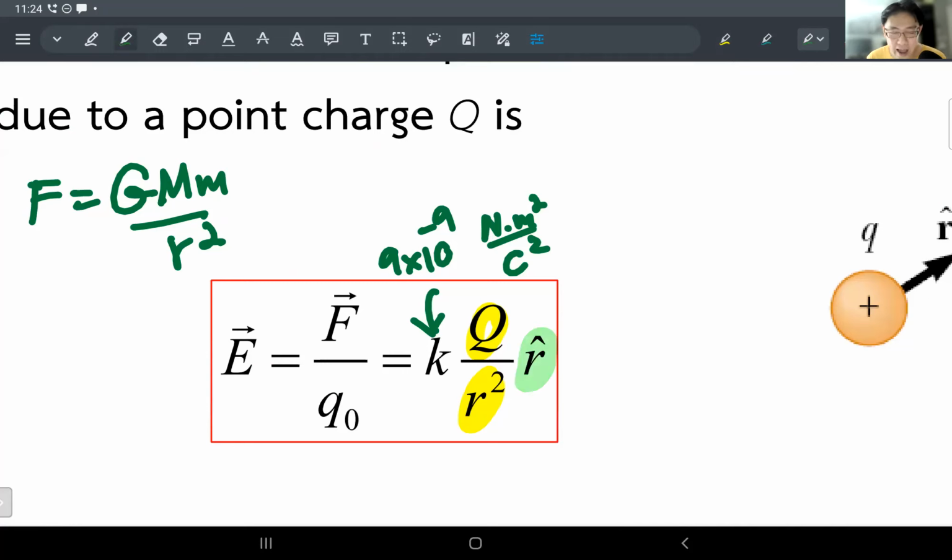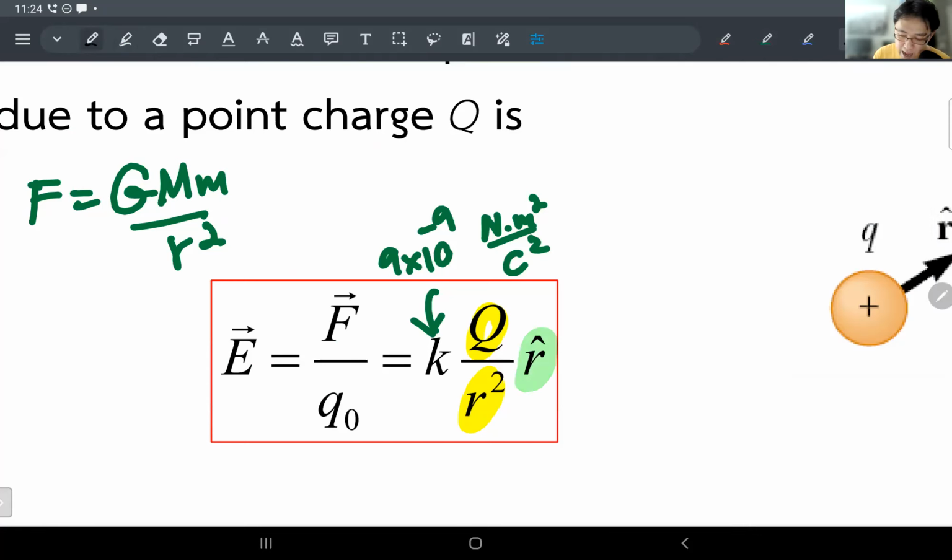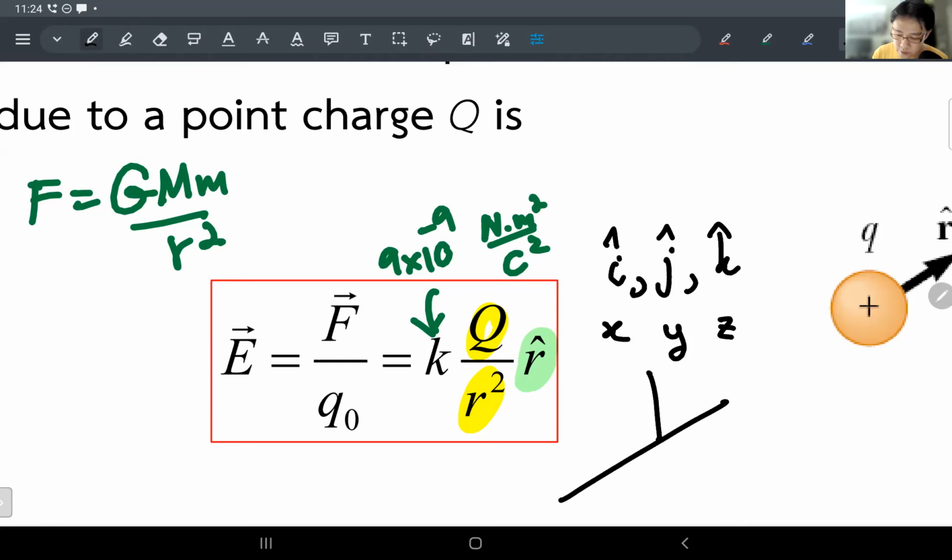What is this r hat? The hat suggests that it's supposed to be a unit vector. The reason I say suggests is because you're probably familiar with the hat unit vectors from i hat, j hat, and k hat. Do you remember this? These are the unit vectors pointing along the x, y, and z axes.